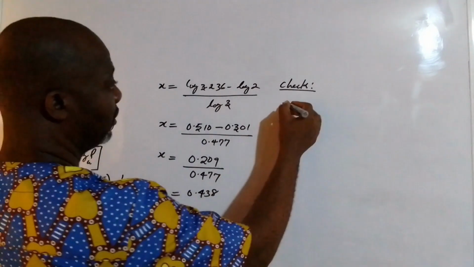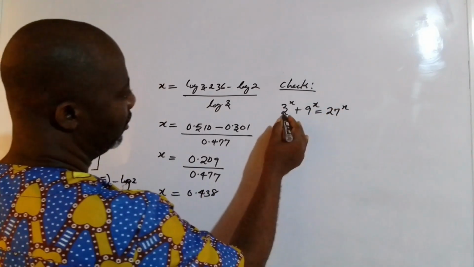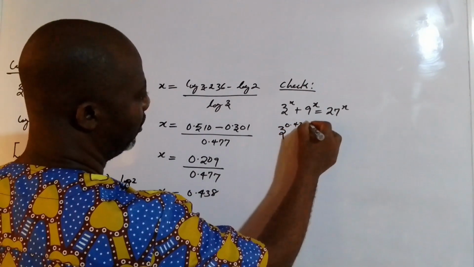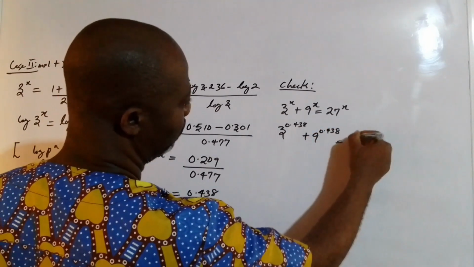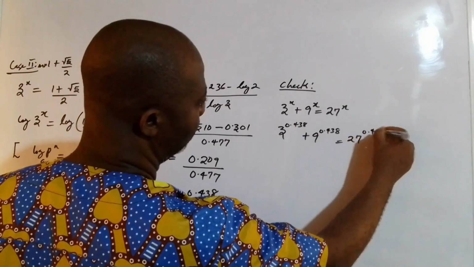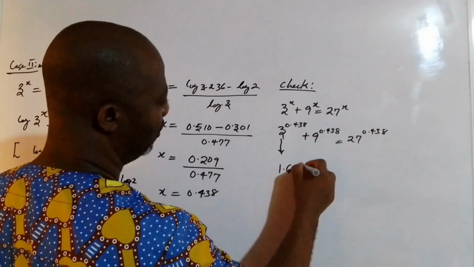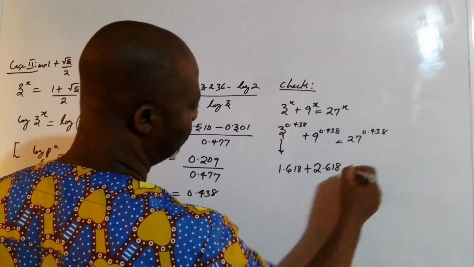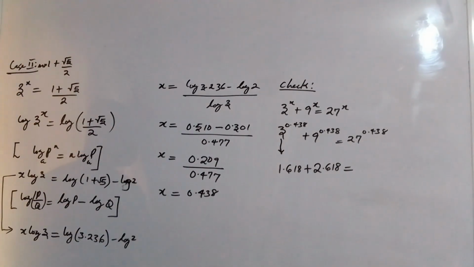We have that 3 to the power of x plus 9 to the power of x equals 27 to the power of x. So 3 to the power of 0.438 plus 9 to the power of 0.438 equals 27 to the power of 0.438. This evaluated gives us 1.618, plus this also evaluated gives us 2.618, equal to 27 to the power of 0.438.